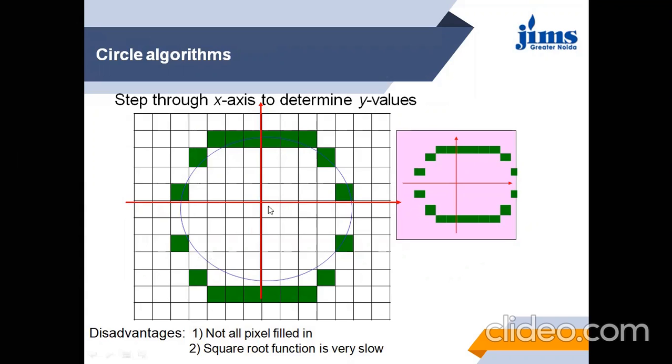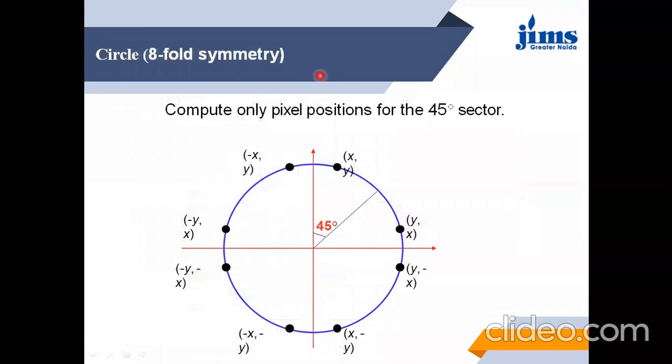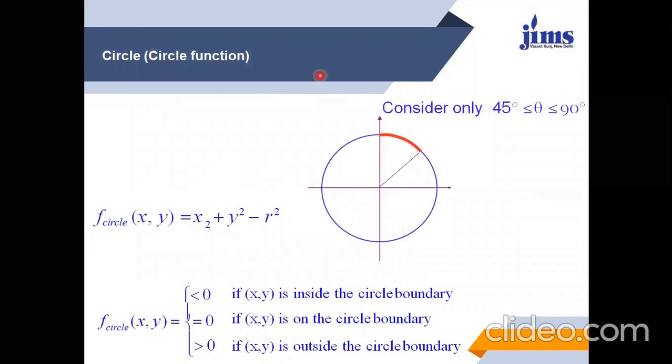By deciding the x values, we can decide the y values, or by taking the y values into consideration, we can find the value of x, as we discussed in the case of a line. It means there is no need to draw all the pixels. So this is the thing we discussed.